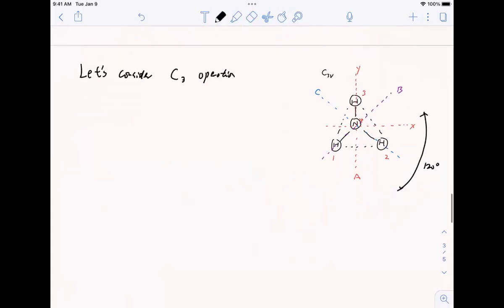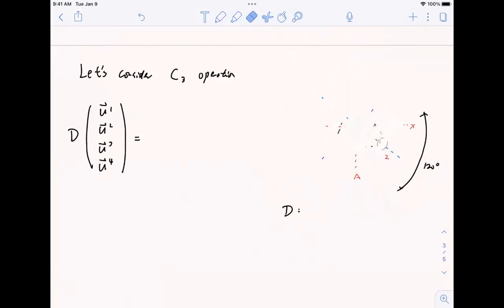So when you go to D, and then you apply it on U1, U2, U4. Okay, let's consider the D rotation. I think I should make it simpler. We don't need this. Can I draw a triangle?